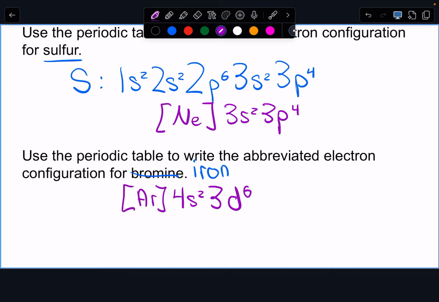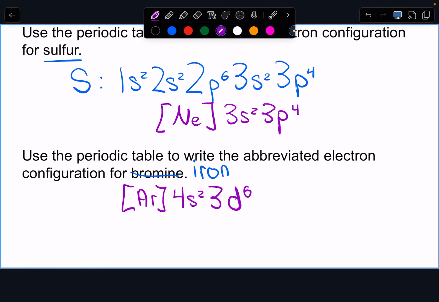Okay, so let's just look at where sulfur is on the periodic table. So it's in the P block. I can identify that immediately. And it's 4 spaces in. So if I just wanted to do the abbreviated one, instead of going row by row, I would say neon, without even identifying anything. I'm just going to say neon because it's 1 row above and all the way to the end.